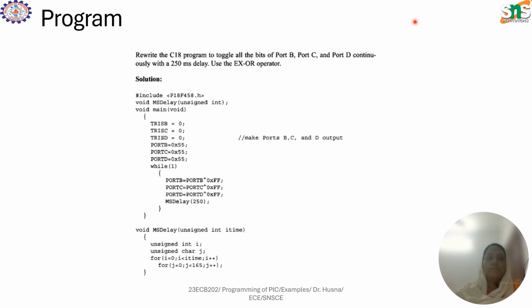The key concept is that we use a bitwise operator. For toggling, we always try to use the bitwise operator, and for the port configuration we use the address functions. We have the software delay, and this type of program is used for LED blinking, for testing the digital signal, or for debugging the control.